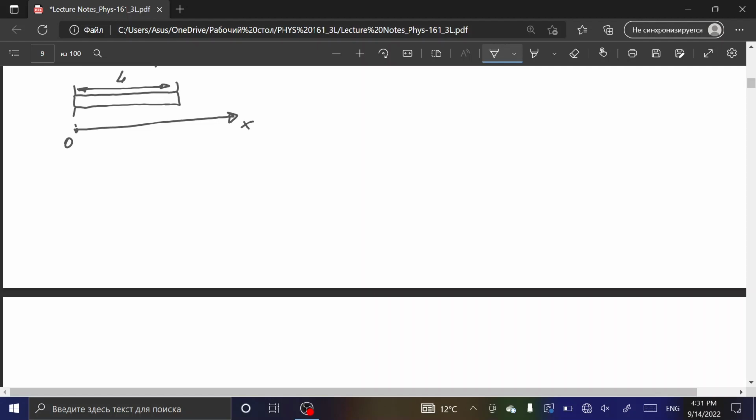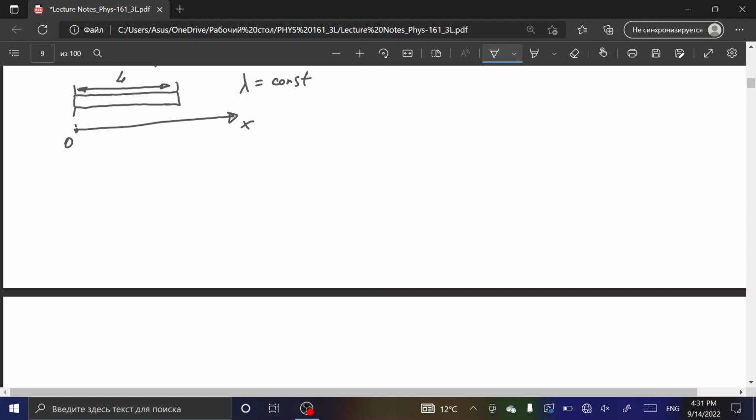We need to describe some properties of this rod in terms of mass distribution. So it will possess some linear mass density, and this is considered at this first step as constant.